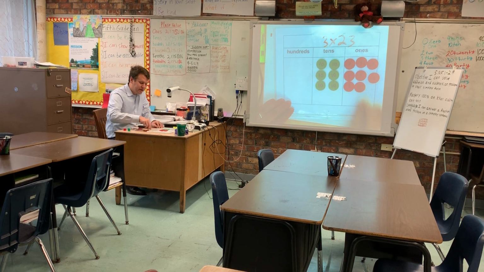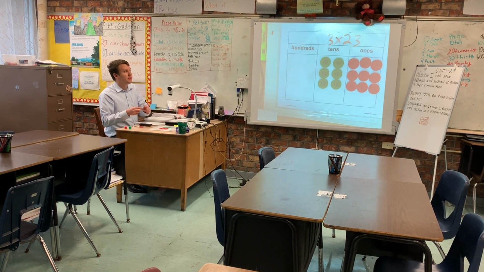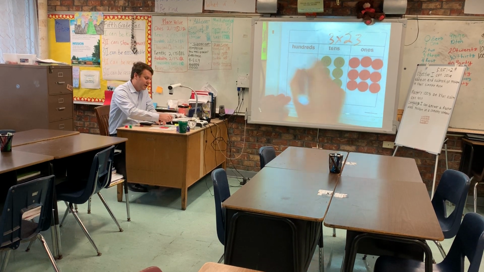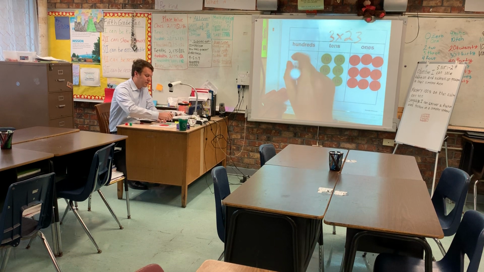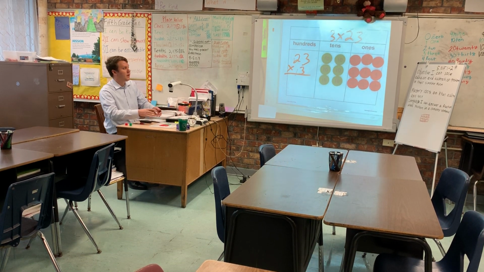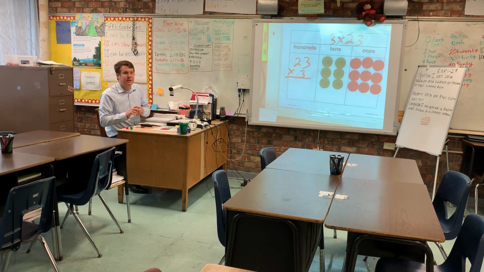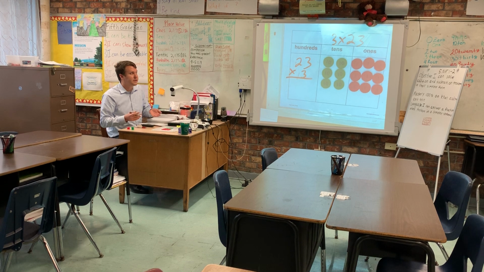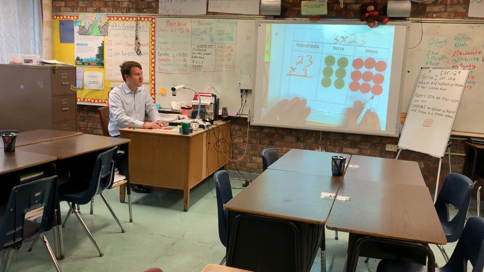And while we do that, we can also write that down vertically so we can kind of draw this connection between the model that we're making and the actual vertical algorithm. So 23 times 3, and then I have my 3 copies of 23 right here. So the first thing we want to do with this, now that we made our model, is actually multiply the value of each place. So I want to figure out how many ones I have first.